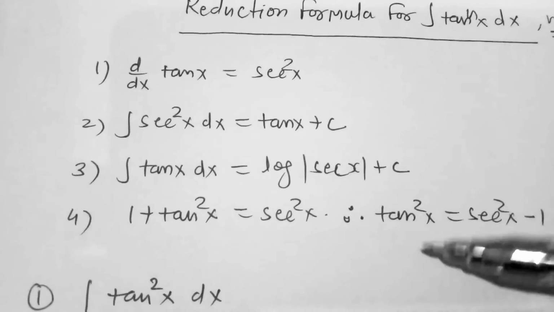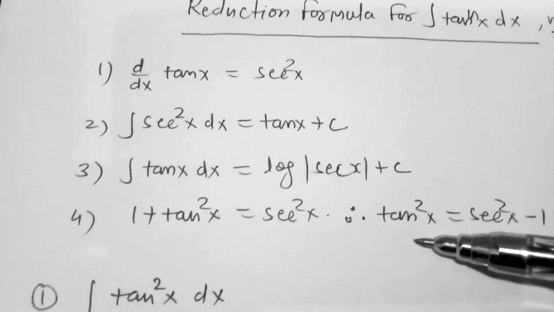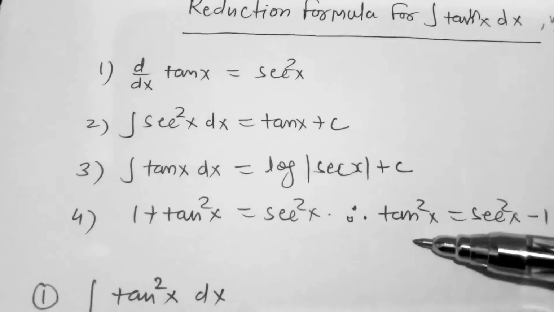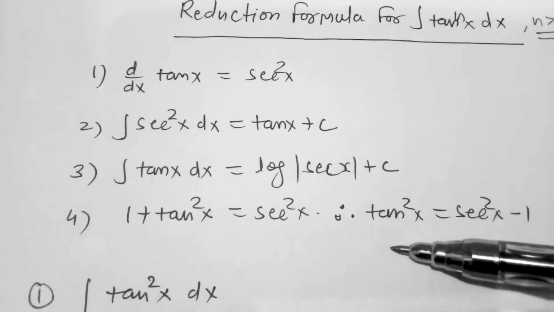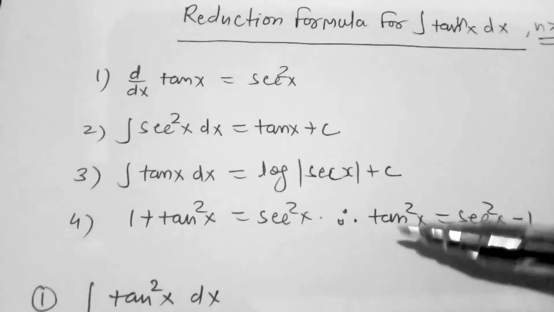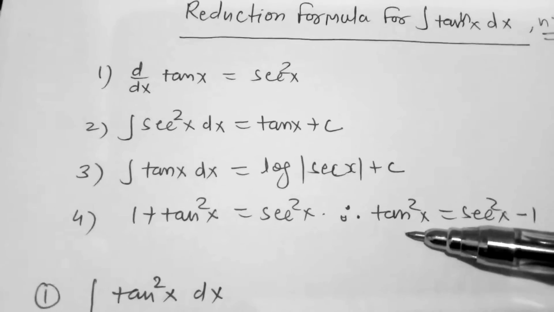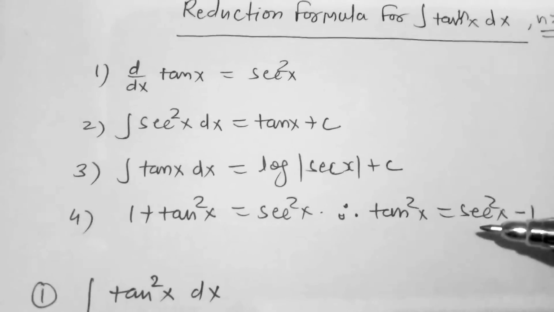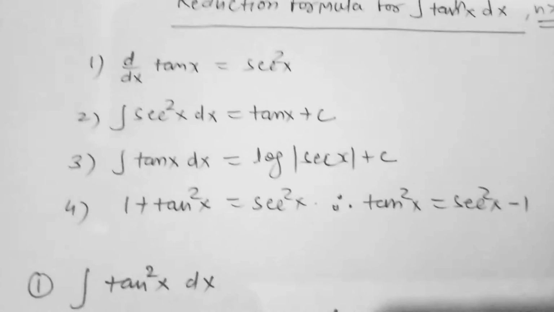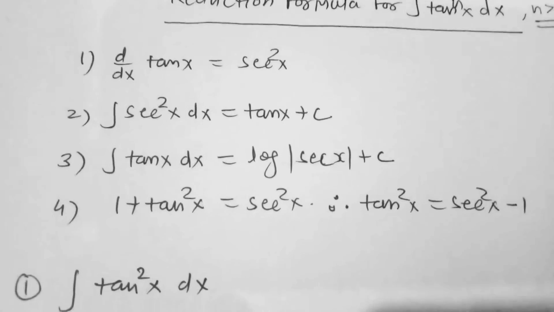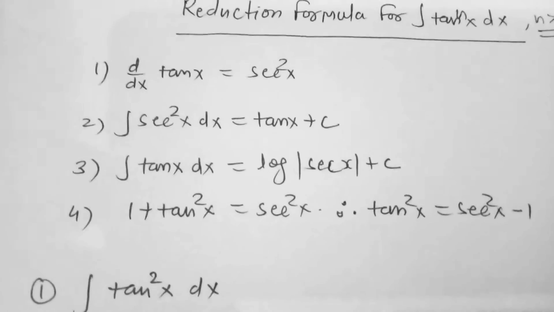Whenever an odd or even power of tan x is there and we have to take the integration, we take tan square x and substitute tan square x equal to sec square x minus 1, and then we can find out the integration.